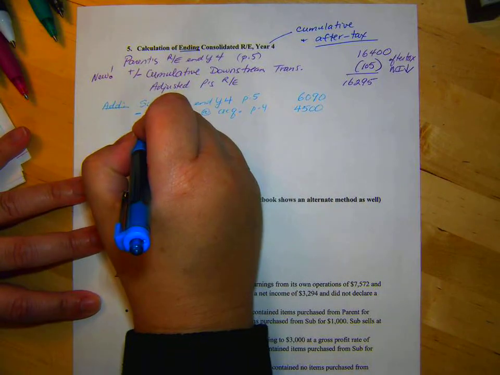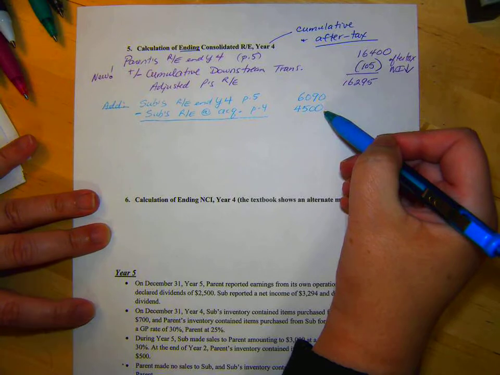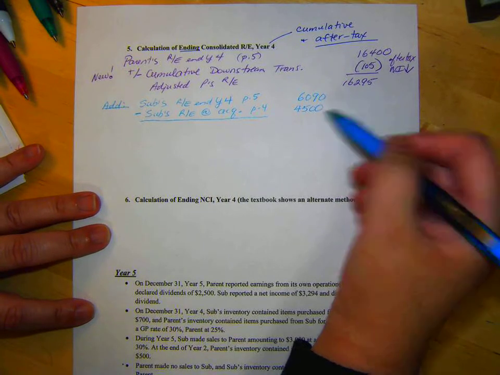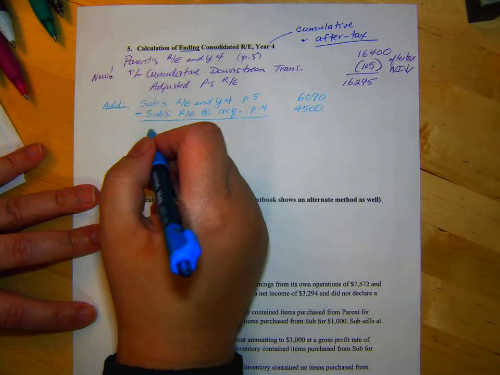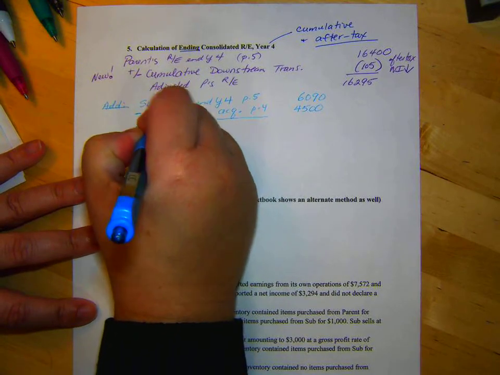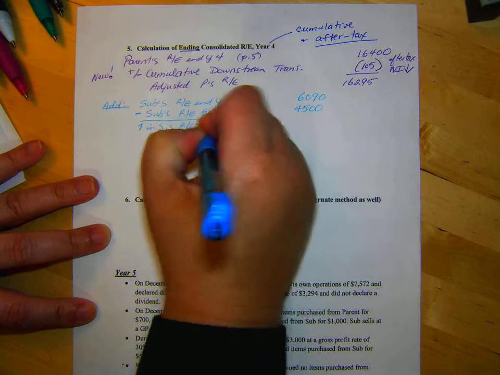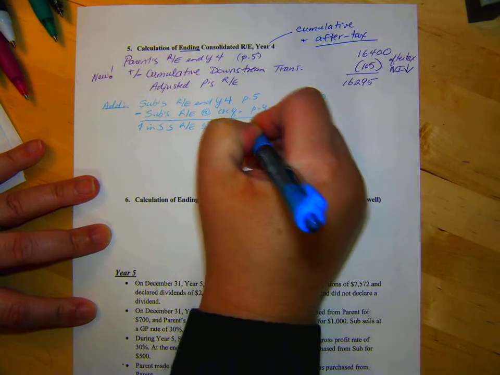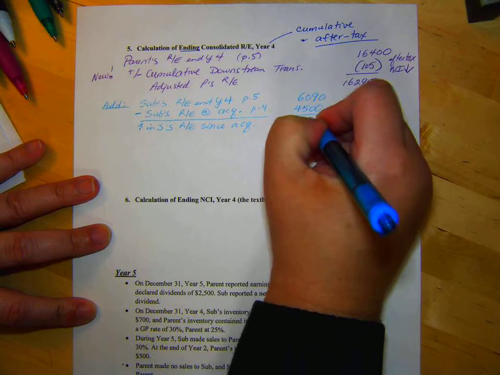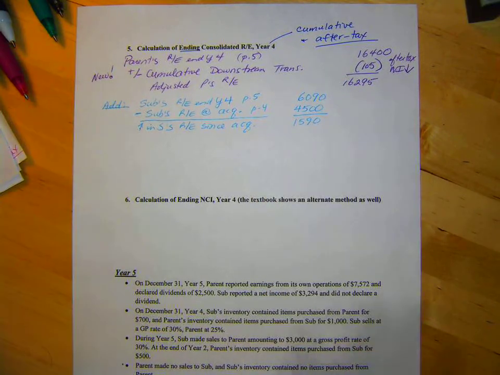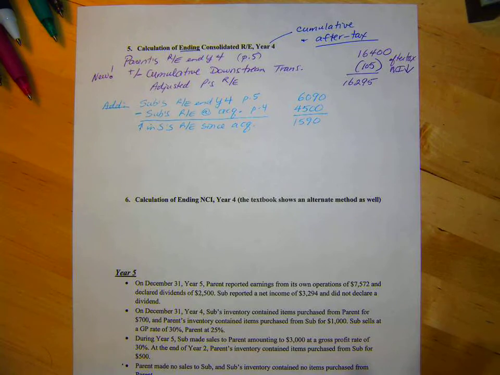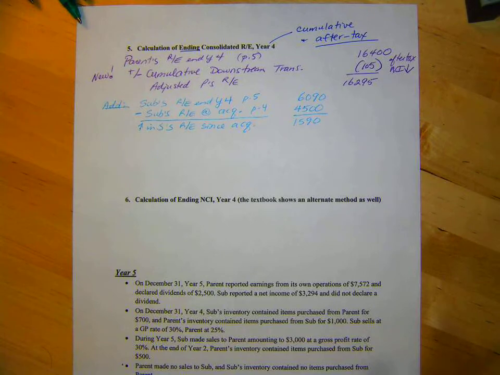Okay. So they should be 6090 and 4500. So we do that, and that's the increase in sub's retained earnings since acquisition. And that should be 1590. And it's okay if it went negative. So don't panic just because things go negative. And any of these, okay, except your goodwill calculation. If your goodwill calculation is negative, unless I said it's a negative goodwill, you've done something wrong. Okay?